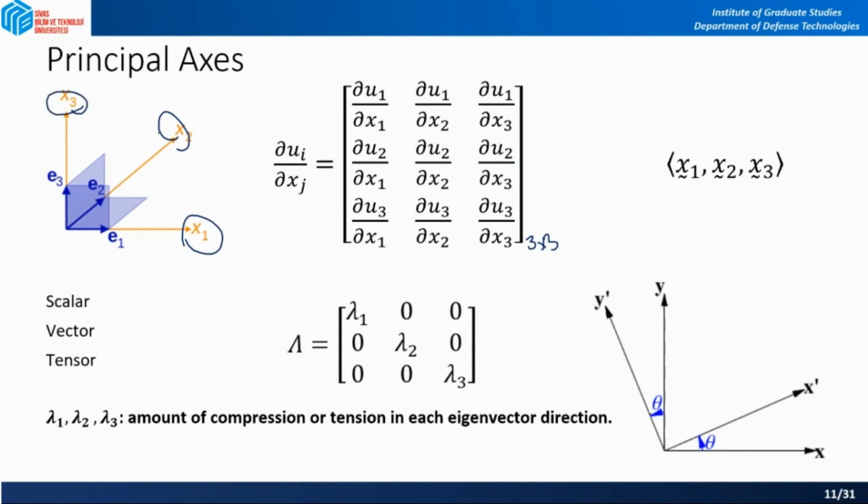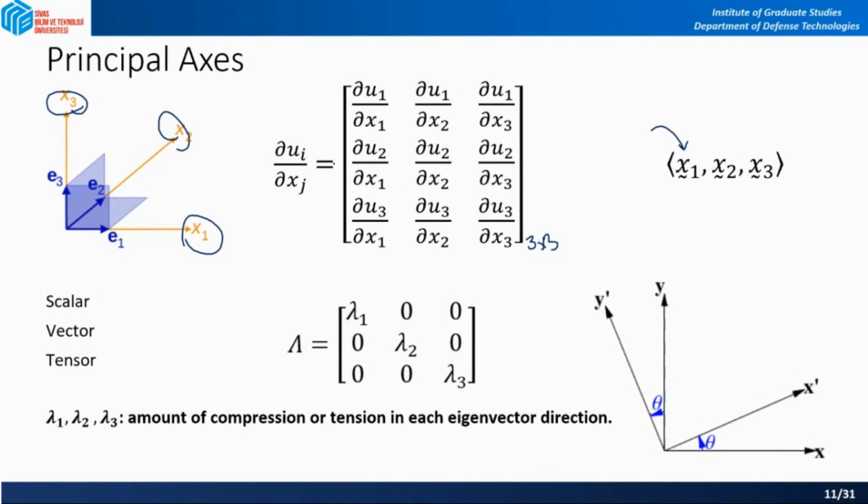So the velocity gradient is very well defined using this x1, x2, x3 coordinate system. If you take this tensor, du_i/dx_j, and rotate it, it may be hard to visualize how to rotate a tensor, but mathematically it is exactly the same as when you rotate a vector.